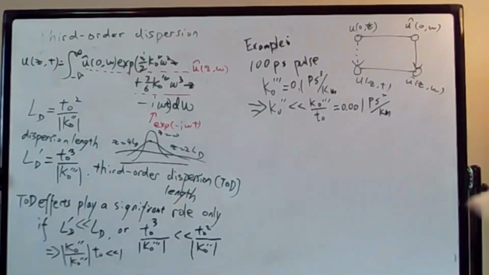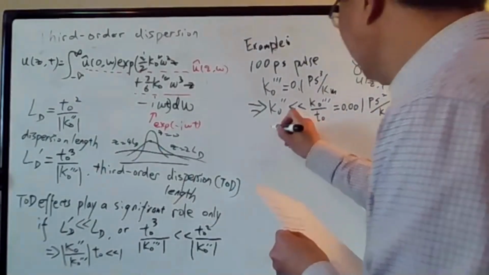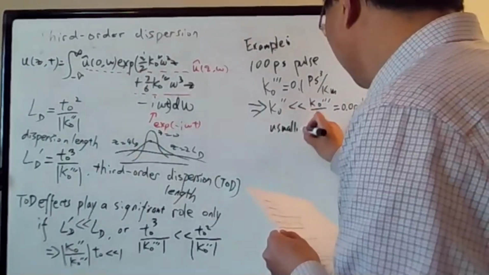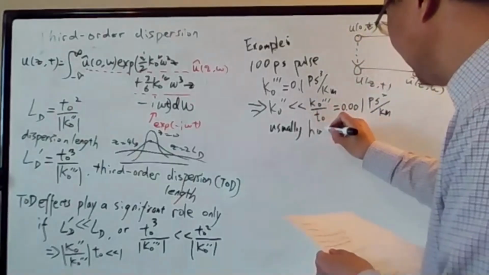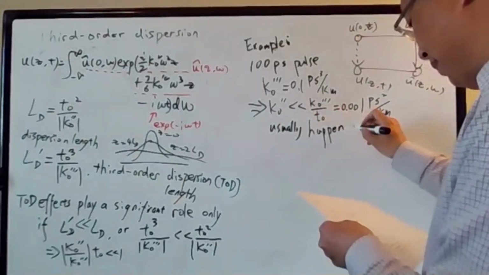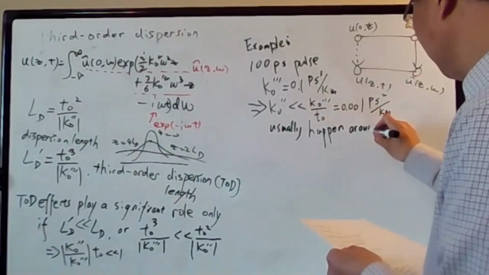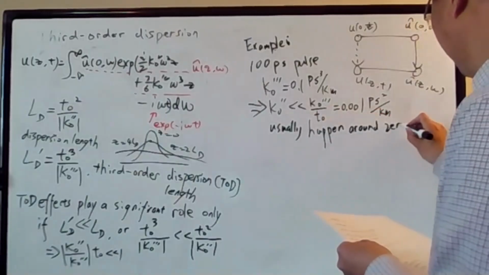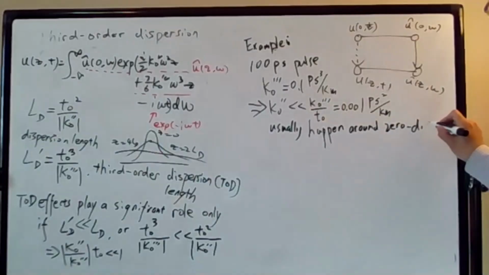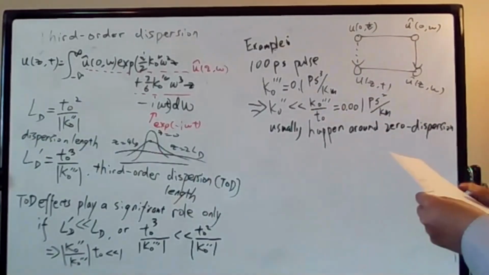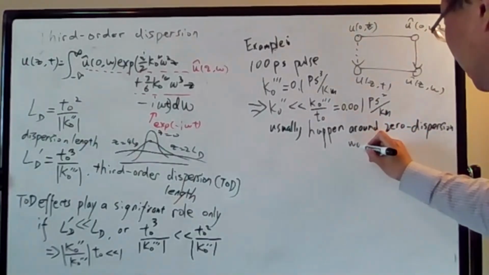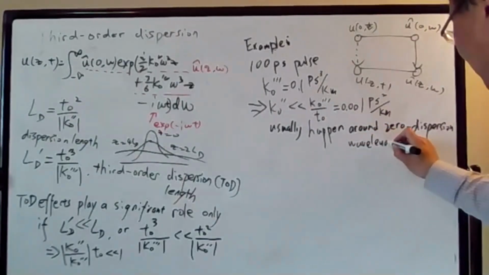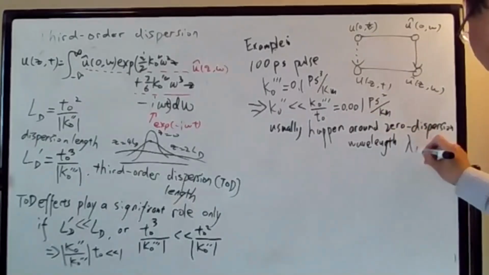So in this case, it usually happens around the zero dispersion wavelength, lambda naught.